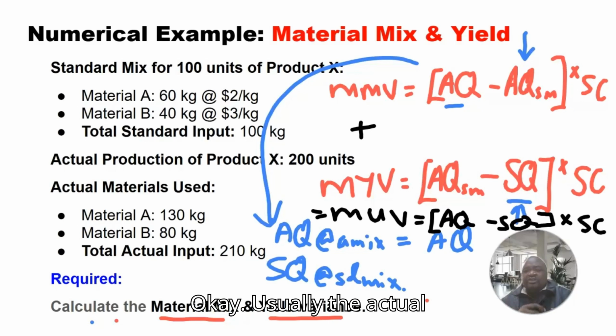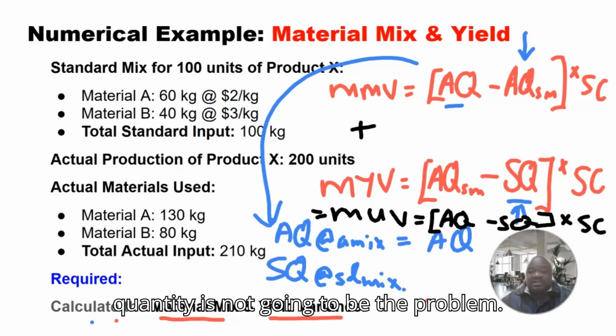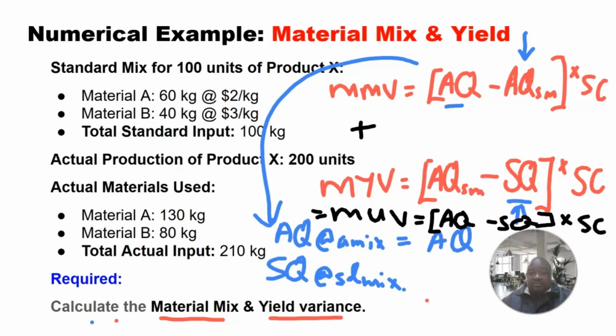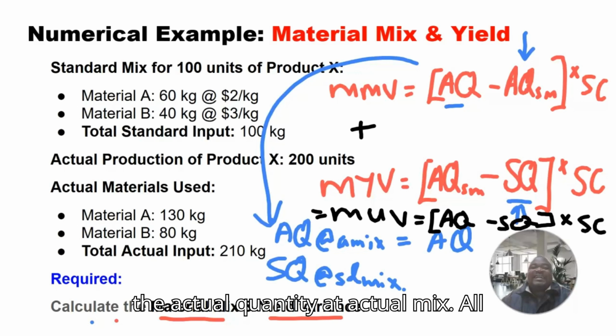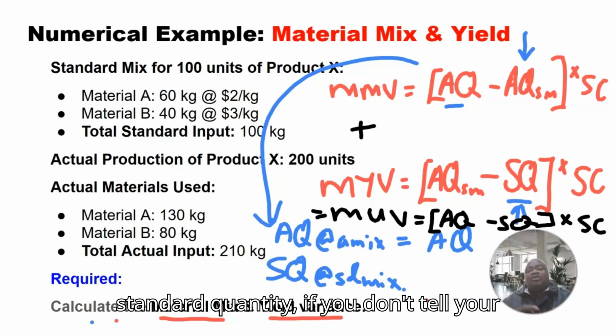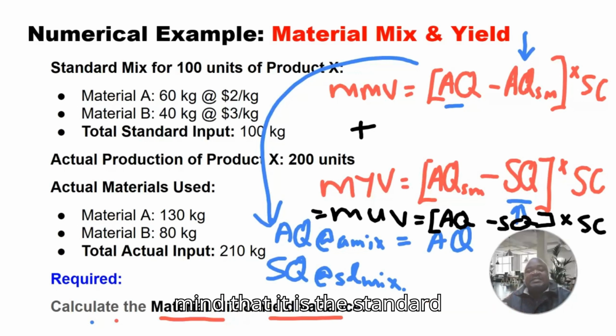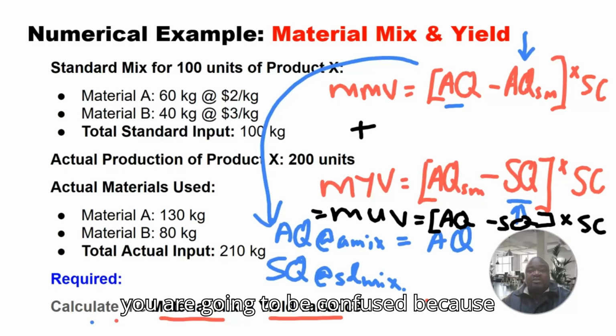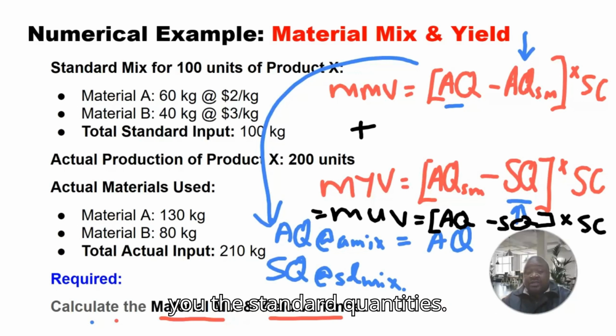Usually the actual quantity is not going to be the problem, because we say that's the actual quantity at actual mix. But the standard quantity, if you don't tell your mind that it is the standard quantity at standard mix, you are going to be confused, because normally the examiner is not going to give you the standard quantities.